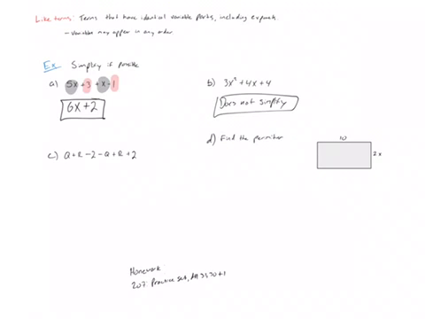Alright, now we're going on to part C. I'm seeing a Q here, and a Q here. I'm seeing an R here, and an R here. And I'm seeing constants here, 2 and 2. So let's combine the like terms. Q minus Q, so 1Q minus 1Q is 0 Q's. So if we want to write that, we can say 0 Q's.